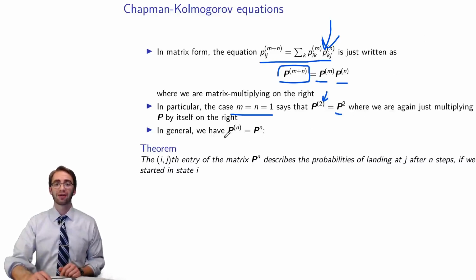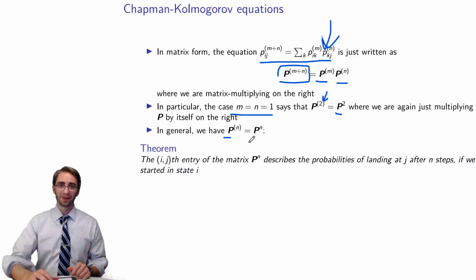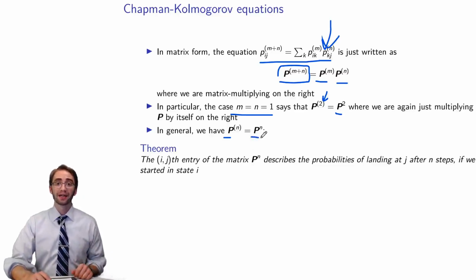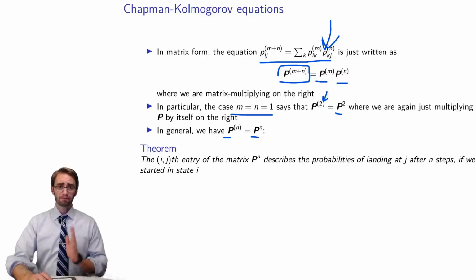And in general, what we have is that P(n), the probability matrix after n time steps, is just P to the power of n. And so what this tells me is that these probabilities that I want to compute are completely simple. And this is what the Chapman-Kolmogorov equations say.